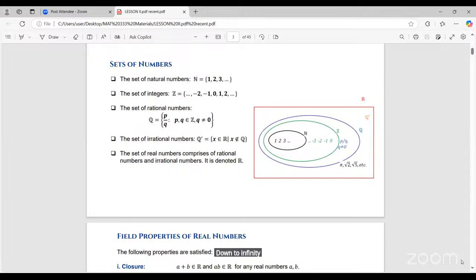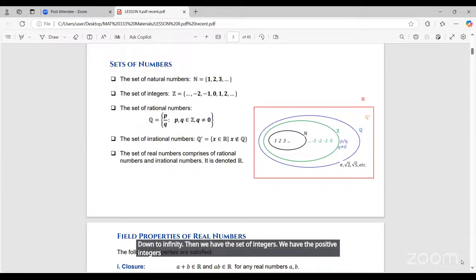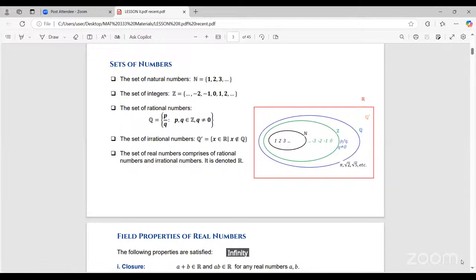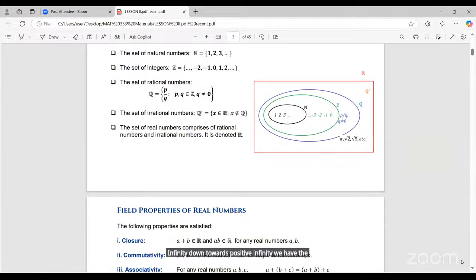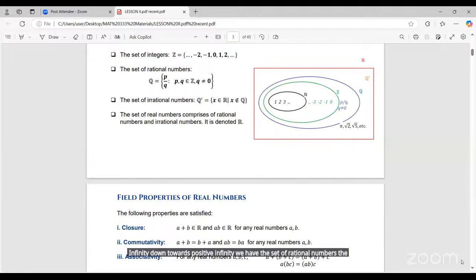Then we have the set of integers. We have the positive integers and we have the negative integers and 0. So our integers come in from negative infinity to what? Positive infinity. We have the set of rational numbers. The rational numbers are p over q such that p, q are in Z and q is not equal to 0.